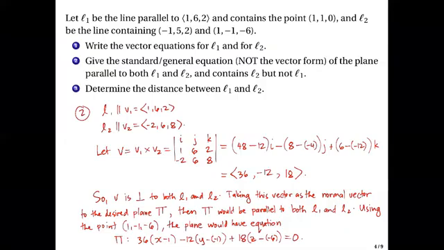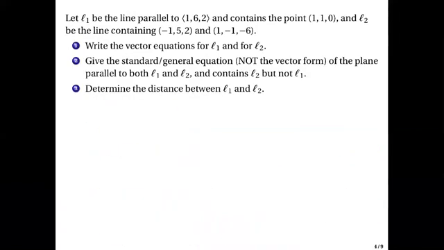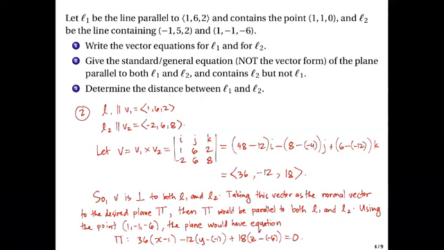So if we do this, let's see. You will now get 36x. So 36 times x, 36 times -1.